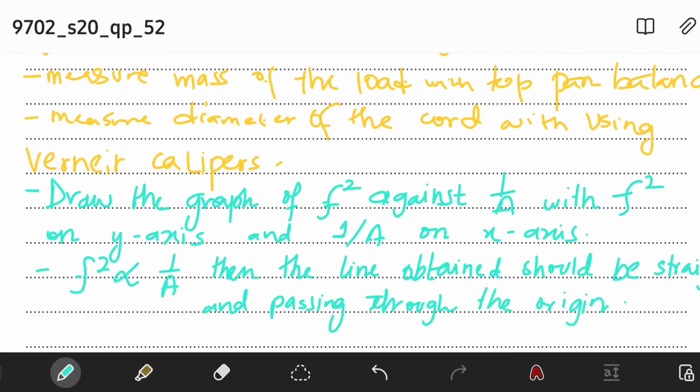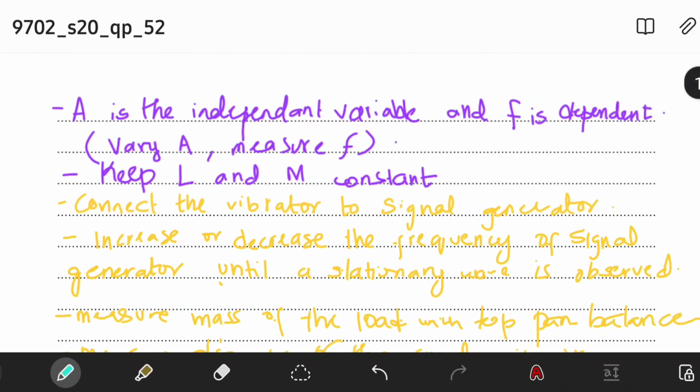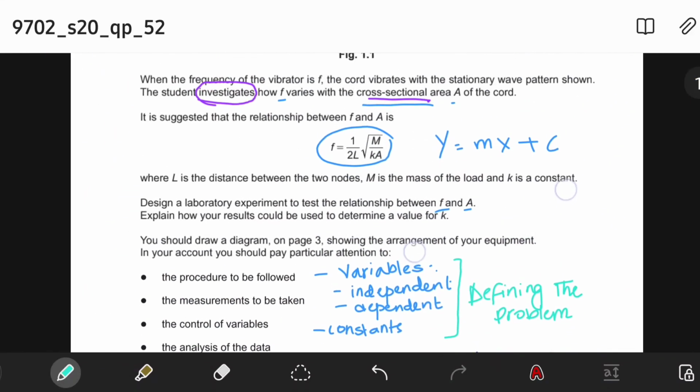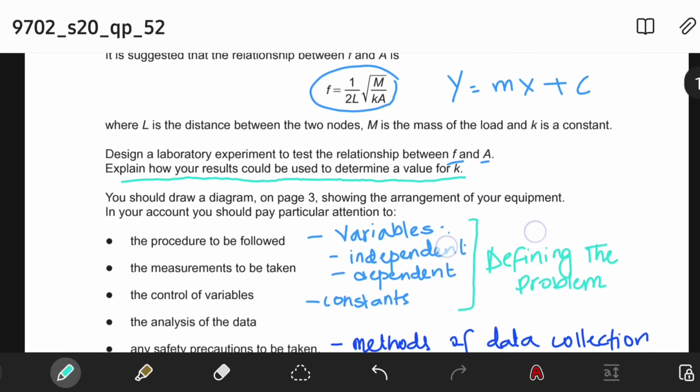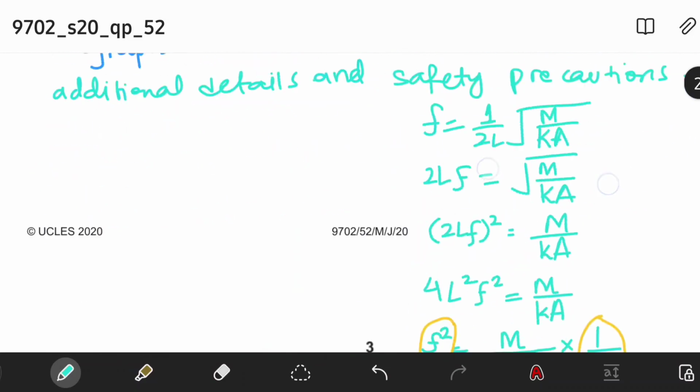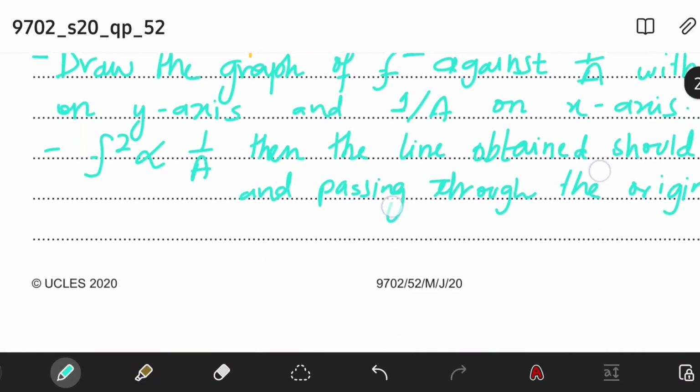Okay, now one more thing. In the question, we read that explain how your results could be used to determine a value for k. This is very important, do not skip this. So your third point in the method of analysis should be about this.